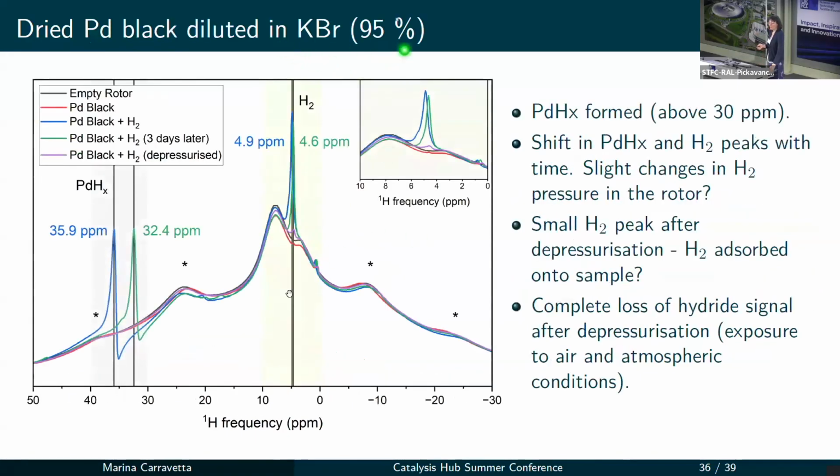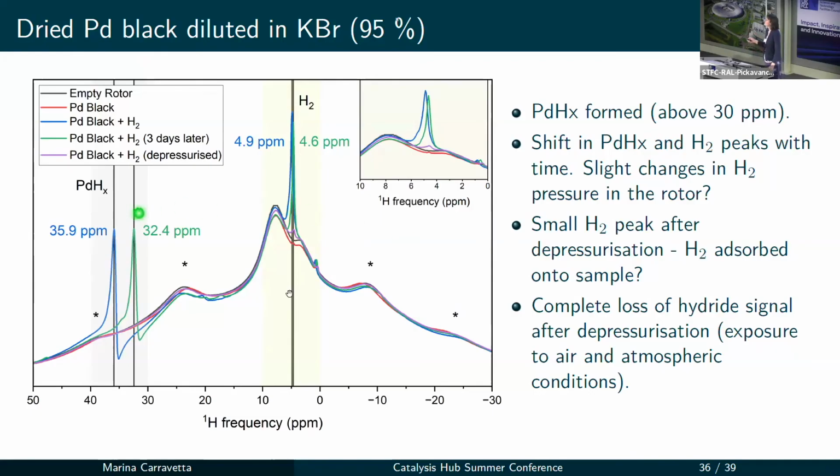Then we did experiments on palladium black. Now, palladium black is metallic. It's a nightmare to try to rotate it, because if you try to rotate a conductor in a magnetic field, it causes all sorts of problems. So we had palladium black, but it was diluted in KBr. We had already verified that KBr was inert.